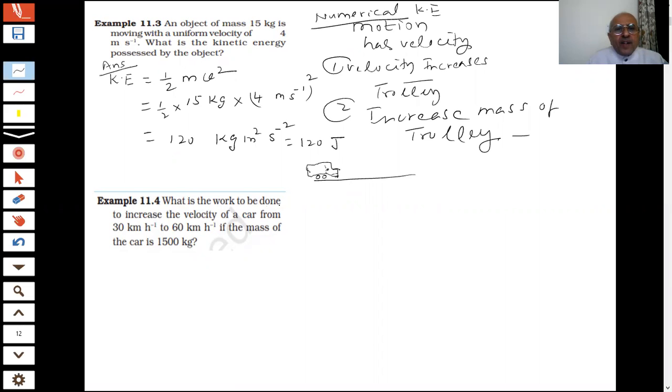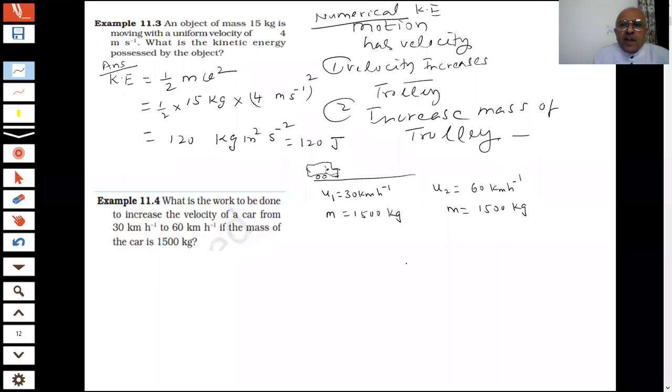What is the work to be done to increase the velocity of a car from an initial velocity of 30 kilometers per hour to a second velocity of 60 kilometers per hour, students? The mass of the car is the same for both cases, 1500 kg.